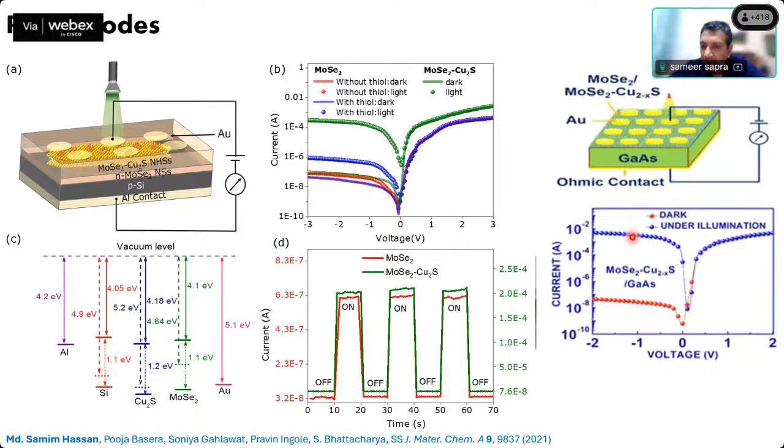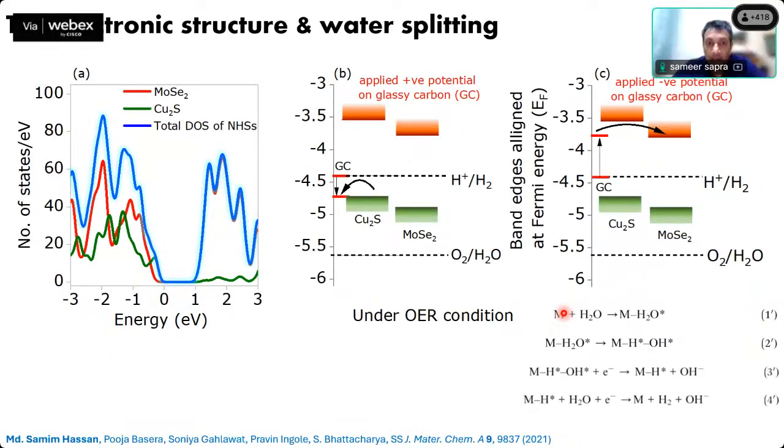So that's almost 10 to the power 5, a 1 lakh fold enhancement in the bright to dark current. So one can make very good photodetectors or photodiodes actually. Look, this is also diode-like behavior. All right, this is good because we could also make photodetectors using the transition metal dichalcogenides.